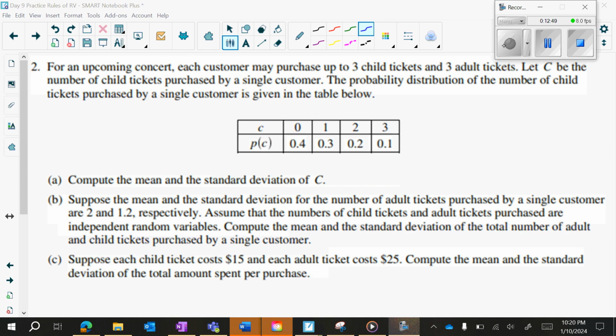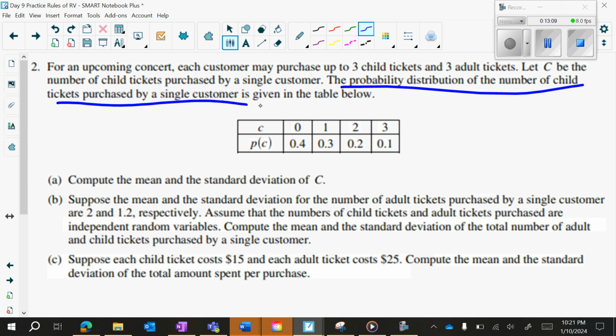If you look at this next question, it's also kind of a combination of old and new. The first part is asking you to find the mean and the standard deviation of C, which is the probability distribution of the number of child tickets purchased for a single customer who's going to a concert. You guys know how to do this from the past week or so.